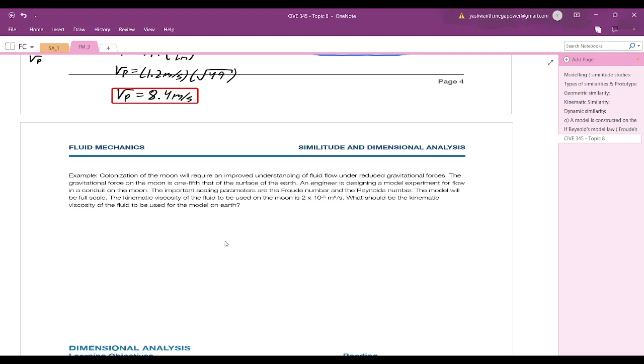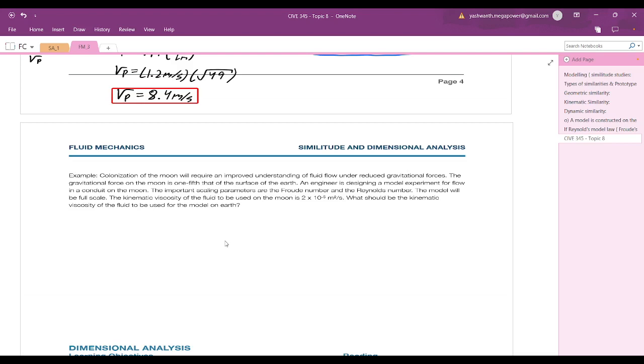The important scaling parameters are Froude number and Reynolds number. The model will be full scale. The kinematic viscosity of fluid to be used on moon is 2 into 10 power minus 5 meters square per second. What should be the kinematic viscosity?